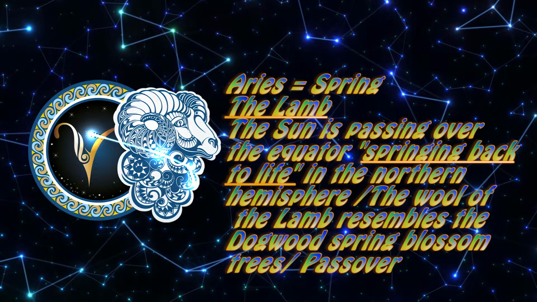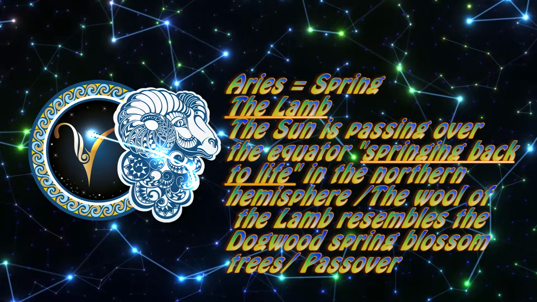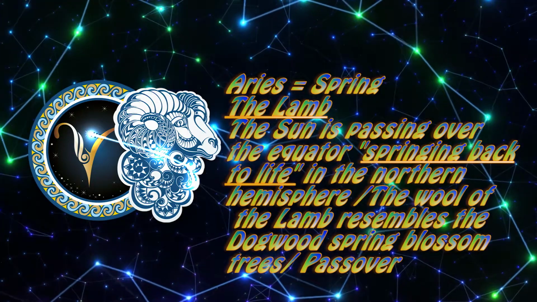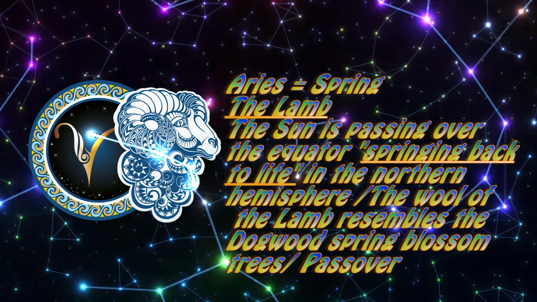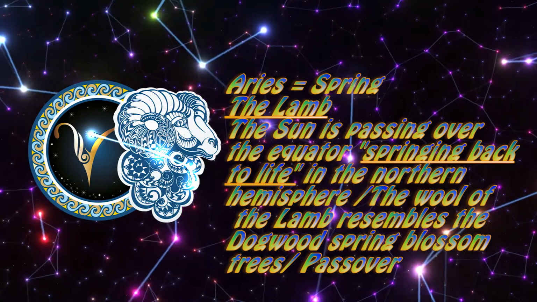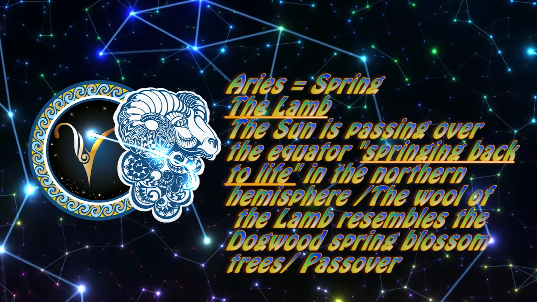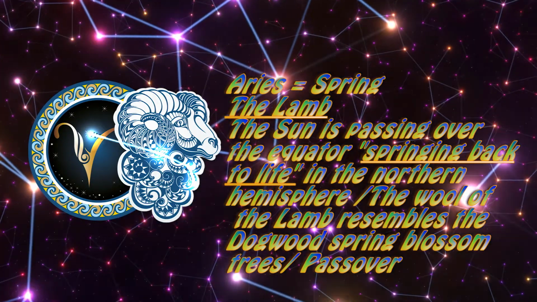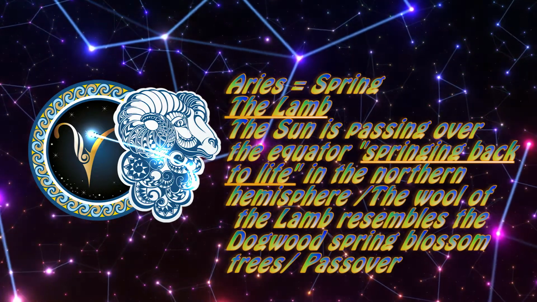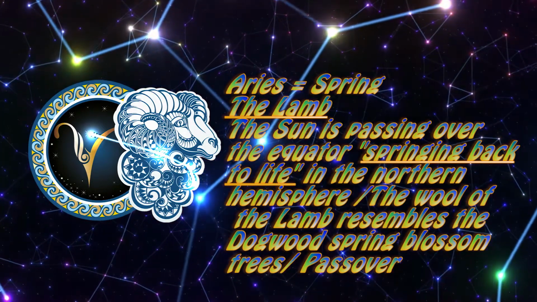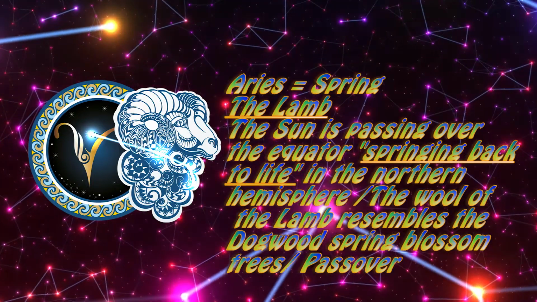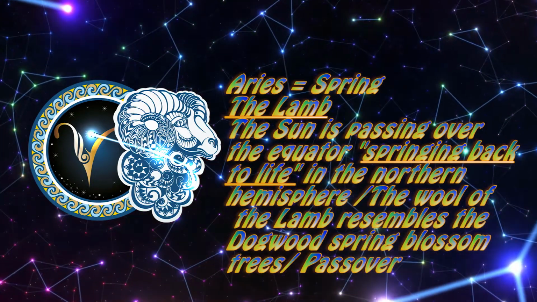North, south, west, east, everybody got their own Mazzaroth or Zodiac to explain their perspective of the stars. So yeah, we're going to jump it off. Aries is when the sun comes back over the equator, bringing the sun back to the northern hemisphere with the blossoms. So that lets you know that spring is here when you see that.